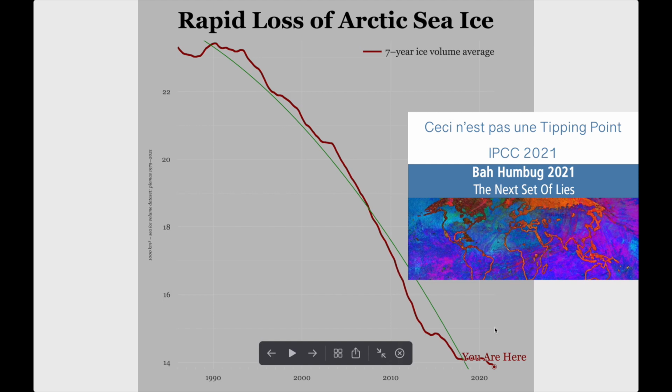Okay, so basically we are following how the 7-year average is developing from the very first satellite measurements in the 70s and 80s and down to the past weeks or months, like in August.